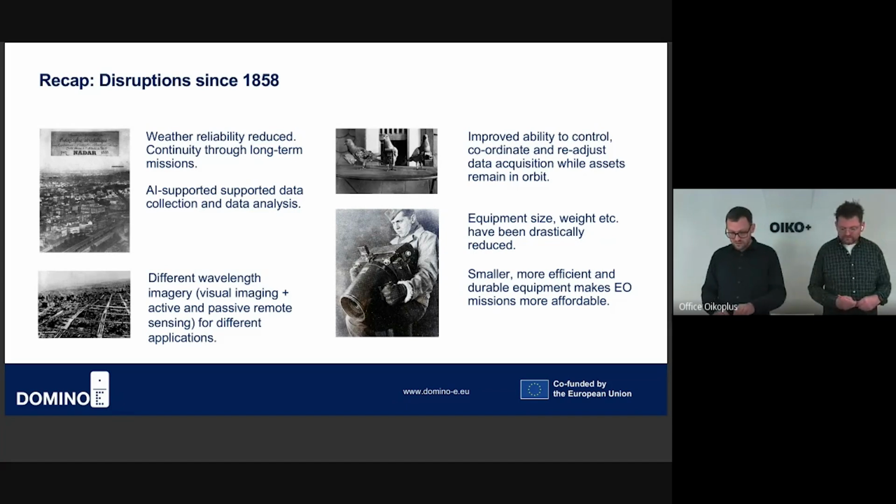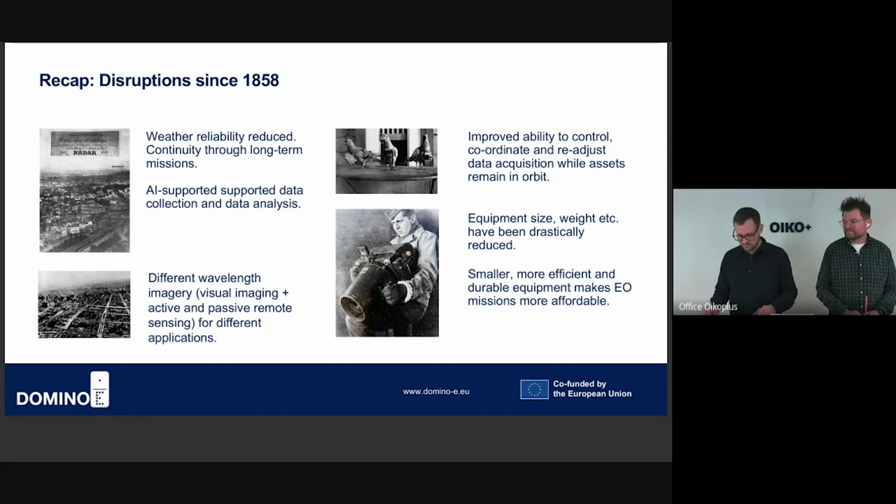It is also more distributed, and it is now more affordable. Not all of the items produced today are handcrafted. We have items that are industrially made, and all of that again brings down the cost of Earth observation.